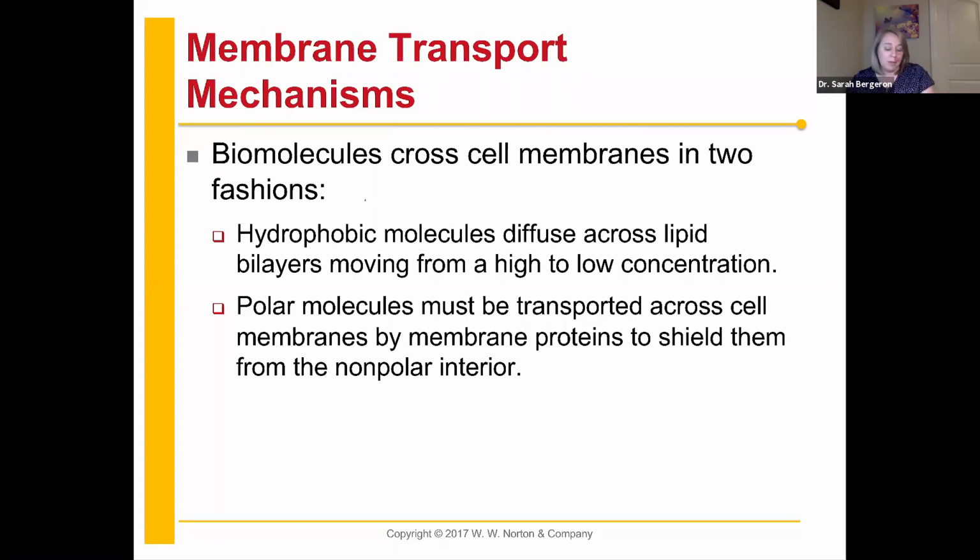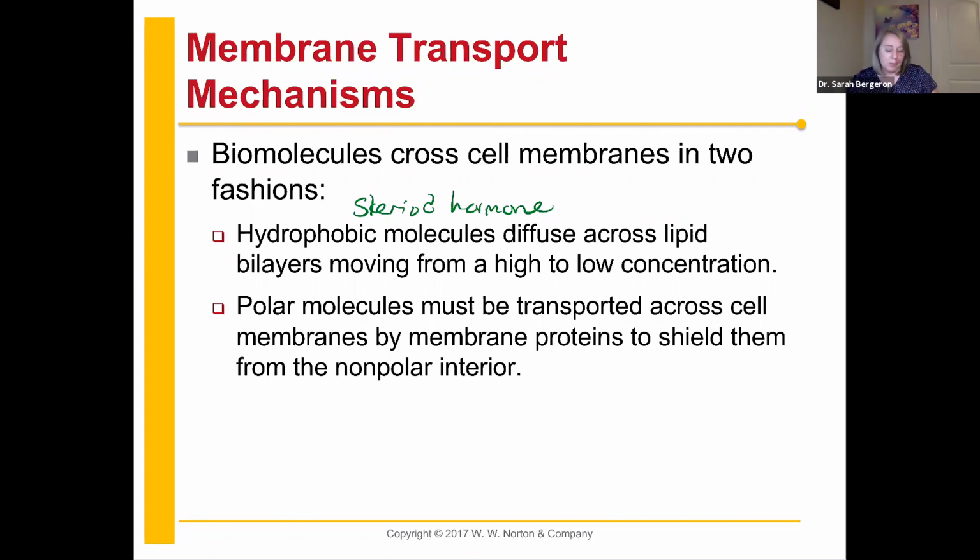So an example of that would be like a steroid hormone, right? Then you can have polar molecules. Now these can't just diffuse. They actually have to be transported across the cell membrane by some kind of membrane protein, because they can't go through that nonpolar interior of the membrane. So it needs to have help.